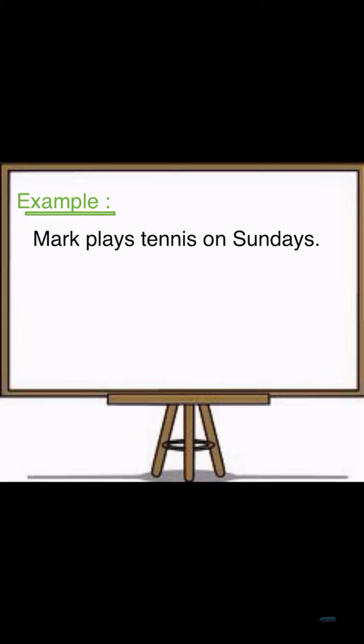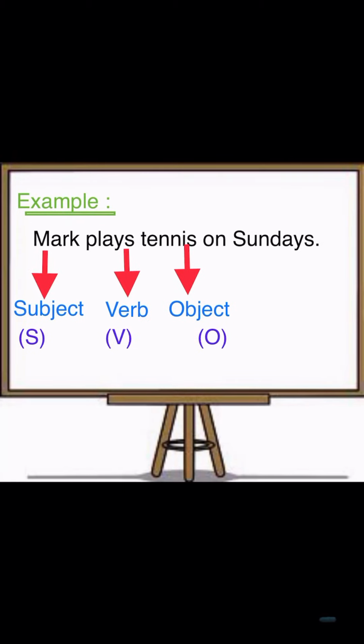Here, we're going to see what is the nature of every word in the sentence. So, Mark, what is it? Is it a verb? Let's see that. Mark is a subject. The subject is the doer, the one who does the verb.